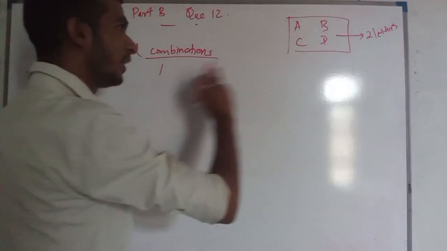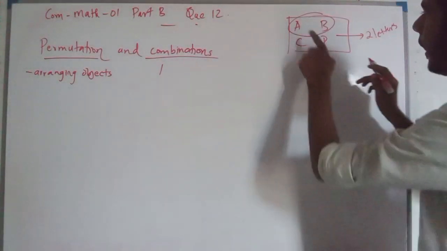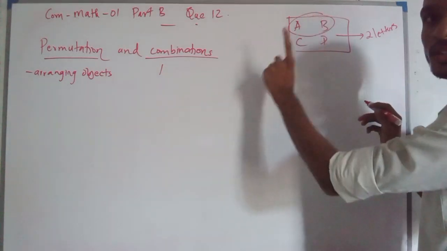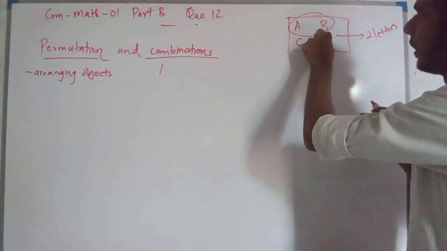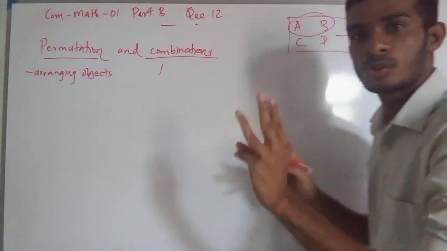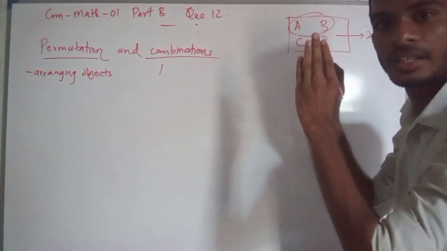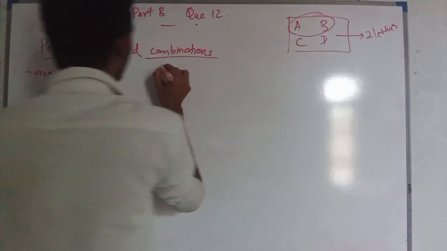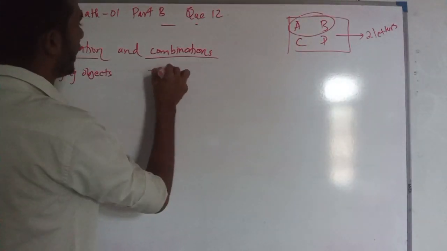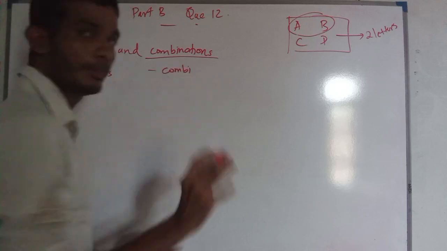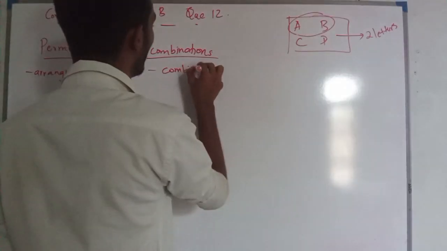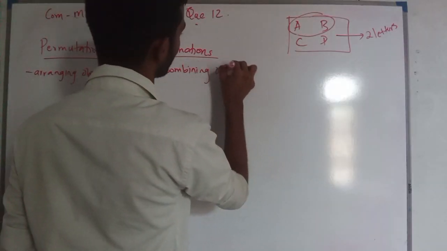If I take A and B, whether it is AB or BA, those two groups are considered the same. Combination is just merging objects.